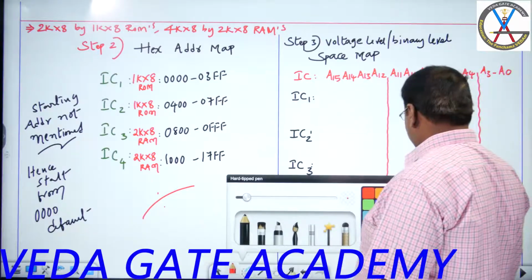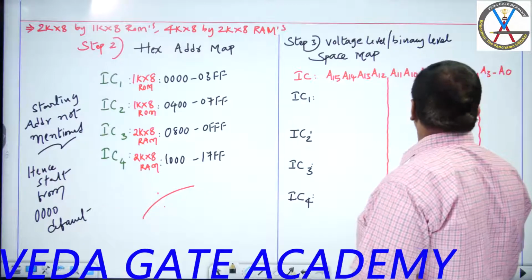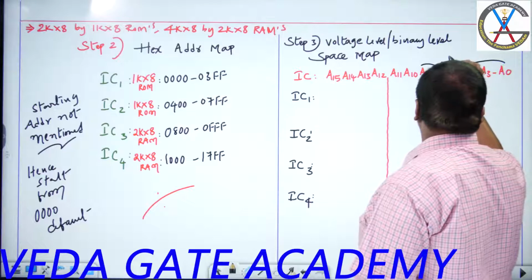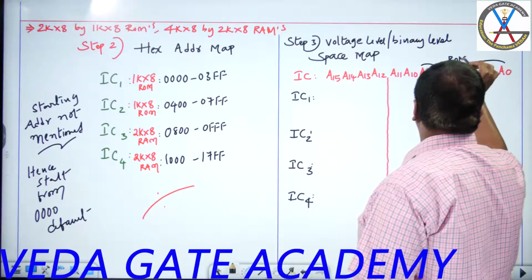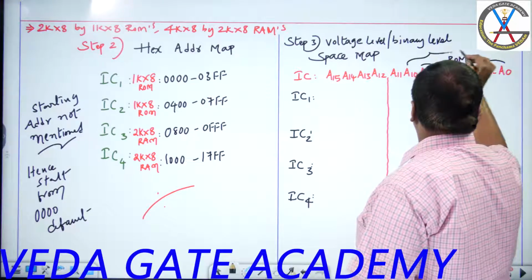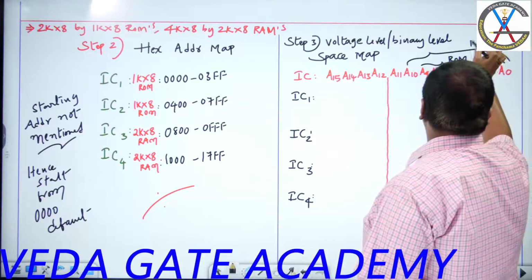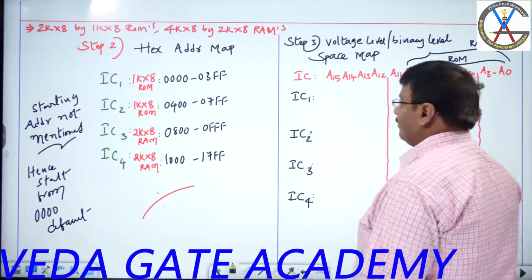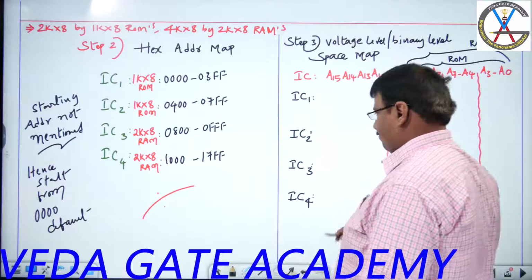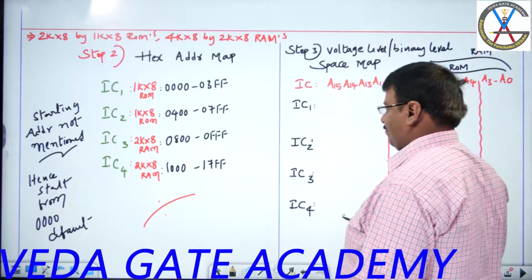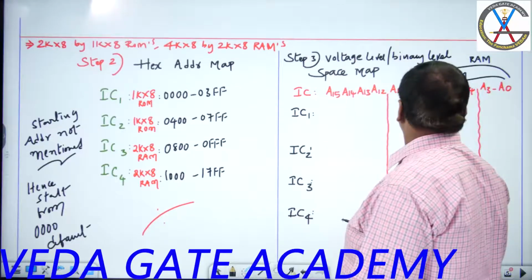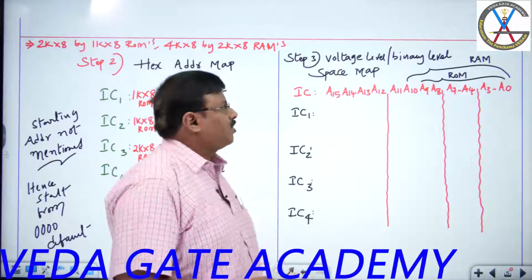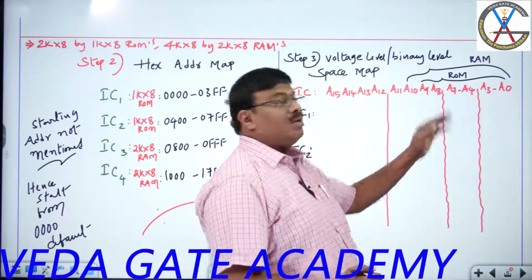Who are the address lines? For ROM 0 to 9. For RAM 0 to 10. Is that correct? Yes, please. So, address range for ROM 0 to 9, 1K.